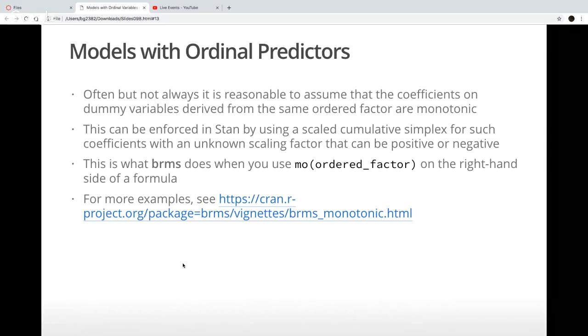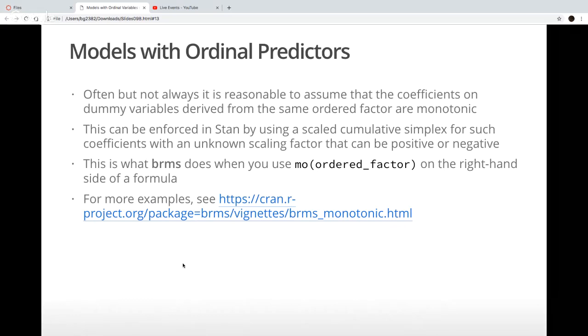But with a lot of other things, level of education, income, experience, it is at least debatable. You should probably estimate a model that restricts those dummy variables to have an increasing or decreasing relationship when used as predictors in some sort of regression model.